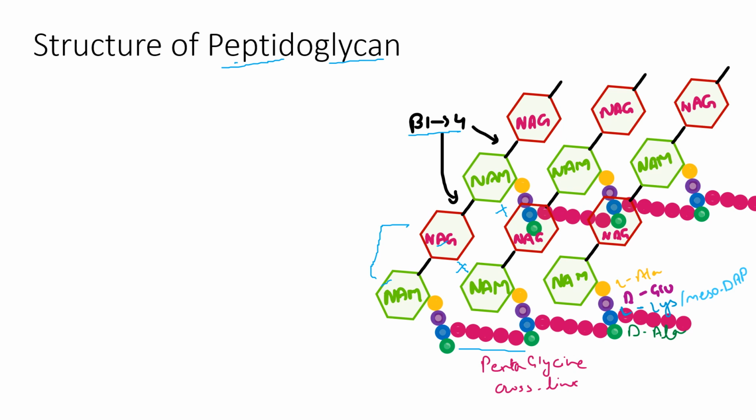So this is a heteropolysaccharide, because there is more than one monosaccharide repeating unit. The repeating unit is NAG and NAM joined through a beta 1,4 glycosidic bond.